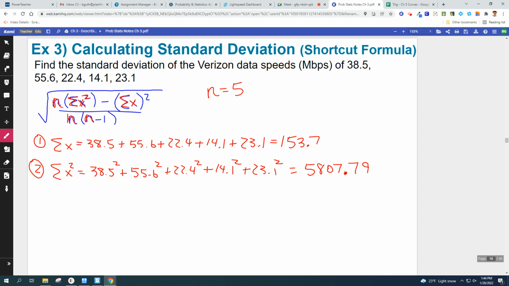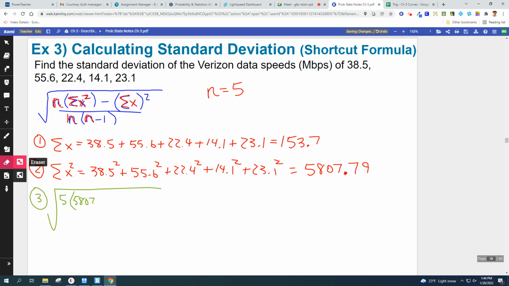I can go straight to the last step, just plugging stuff in. Okay? Big square root, and I know n is 5, so I plug that in. And then that first set of parentheses was sigma x squared. That was 5807.79. Ran out of room here.